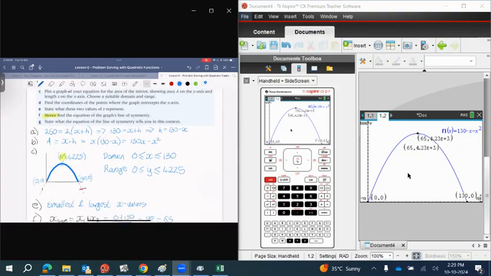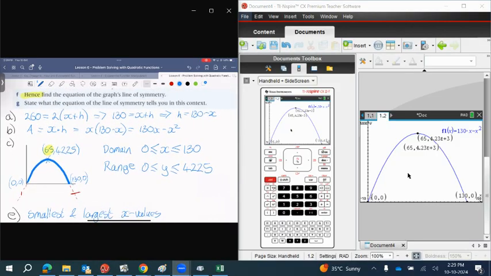Where is the function? y equals 130x minus x squared. Okay. So our function is this. That's the function, isn't it? What is the A? Of what? Mirror. That's the context of this question. This question is about the area of a mirror.